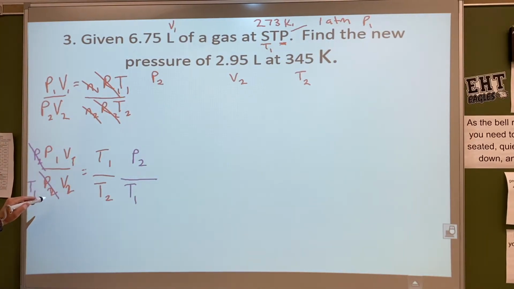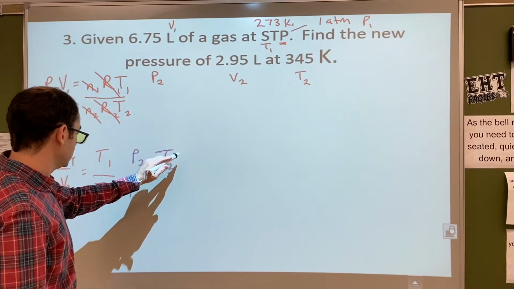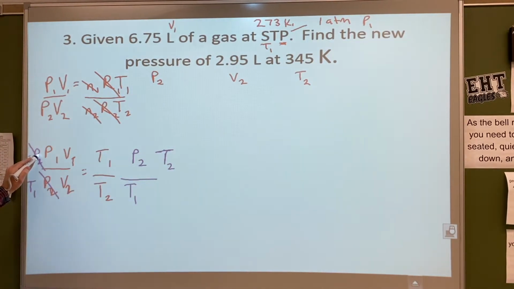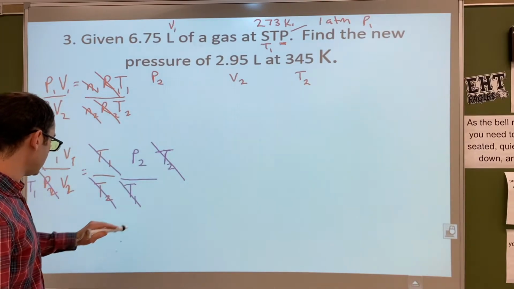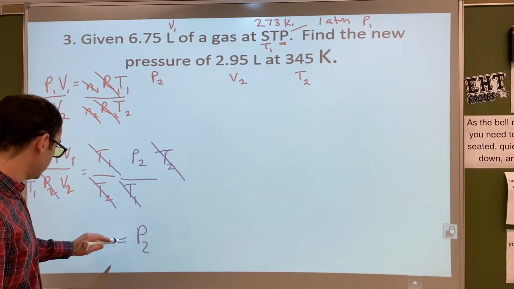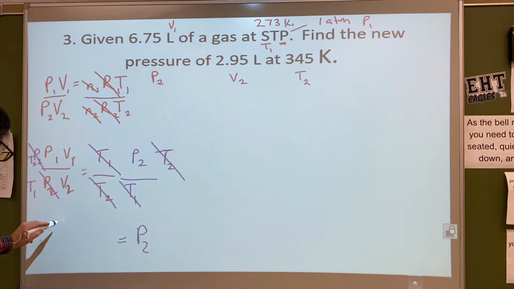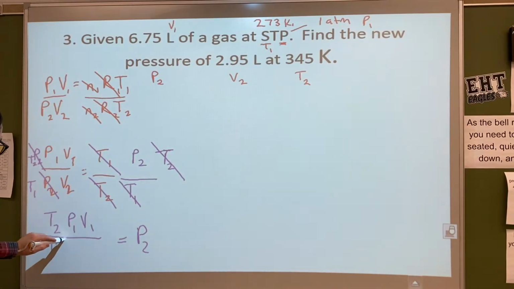T1 is going to go on the bottom, right? And then T2 is going to go on the top with T2. So they cancel out, and then we'll put a T2 up here. And that'll make T cancels out, T cancels out. All right, so now we're getting somewhere. We have P2 equals, all right, what is not crossed out? T2, P1, V1, and then T1, V2.